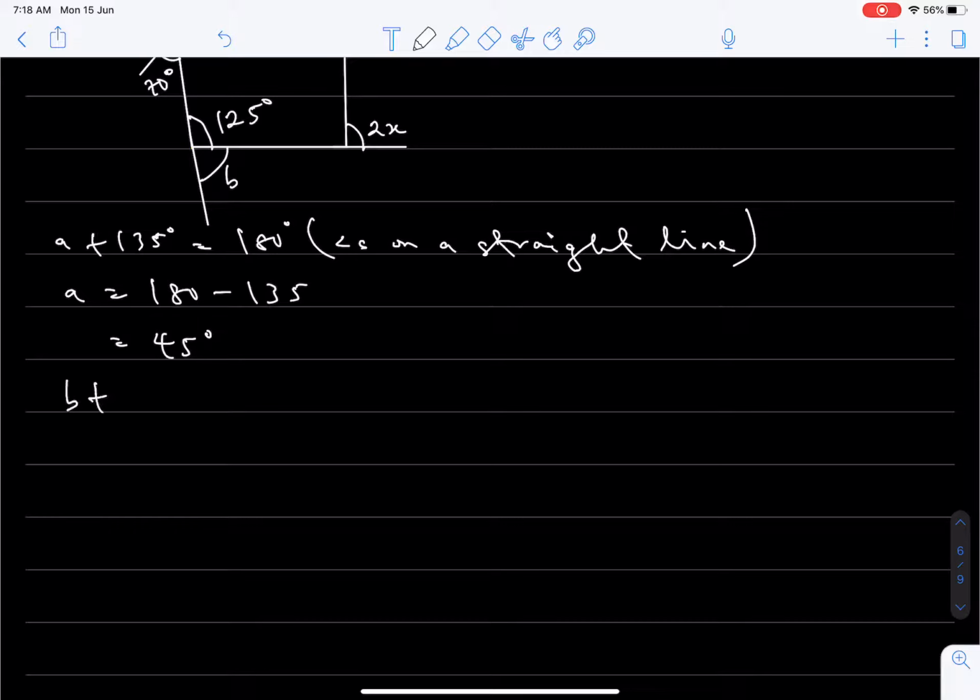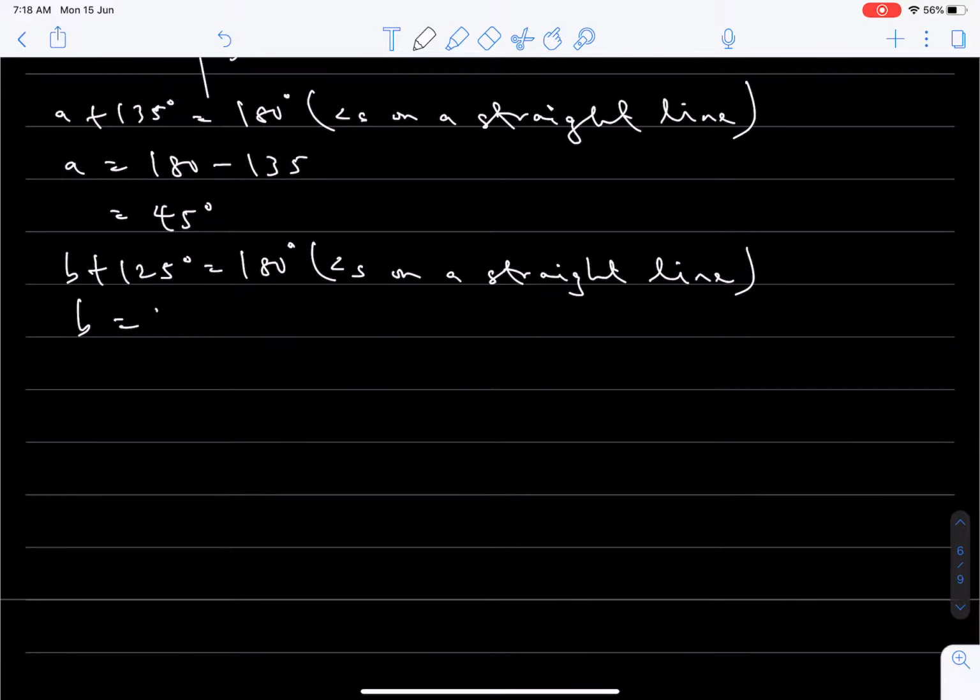In the same vein, B plus 125 degrees equals 180 degrees. And the reason is also angles on a straight line. The sum of angles on a straight line is 180 degrees. And that means B equals 180 minus 125, and that's 65 degrees.